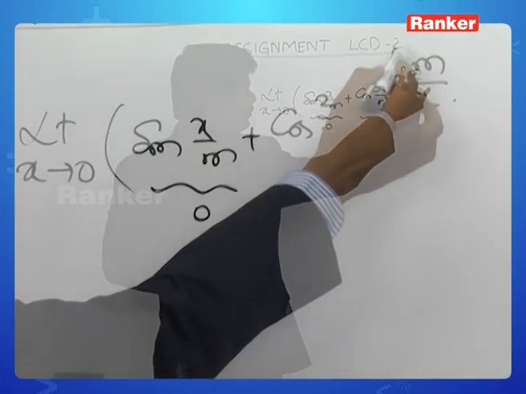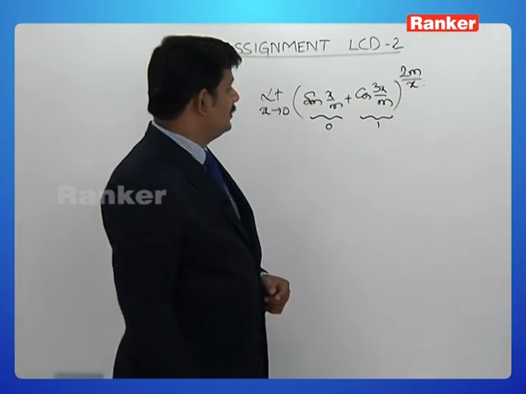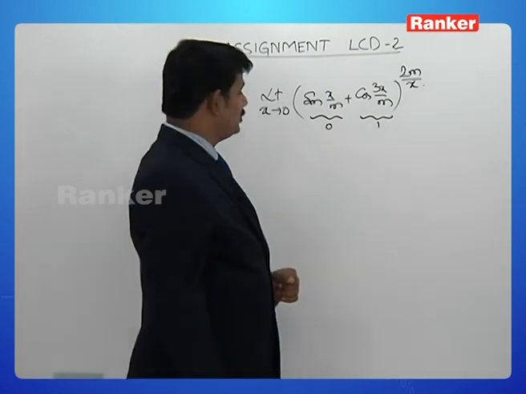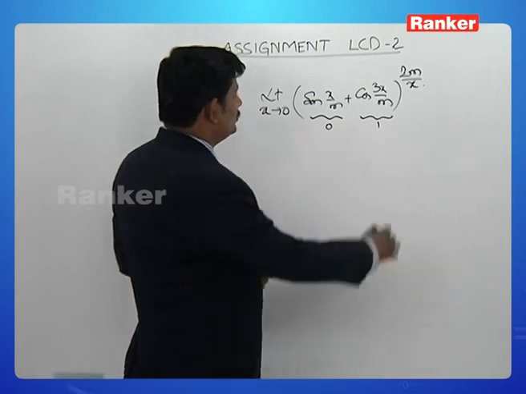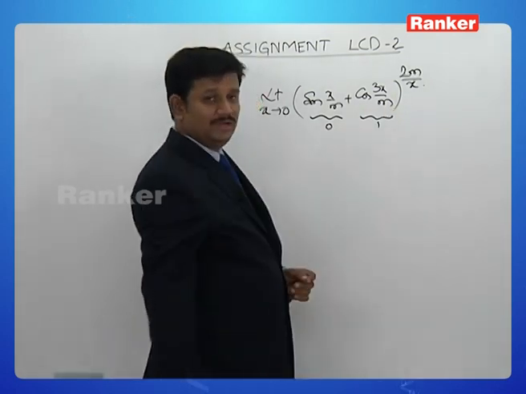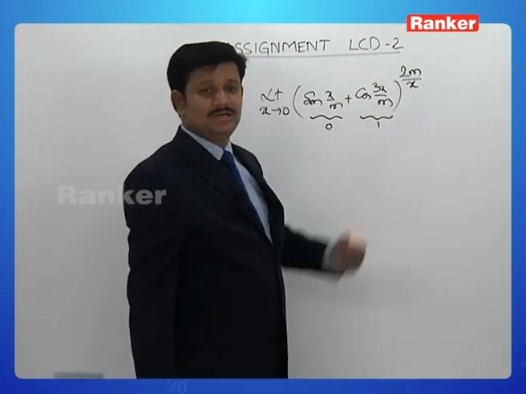As x tends to 0, 2m by x is plus or minus infinite depending on which side x is tending to. So, this is 1 power infinity form. Base is tending to 1, power is tending to infinity.